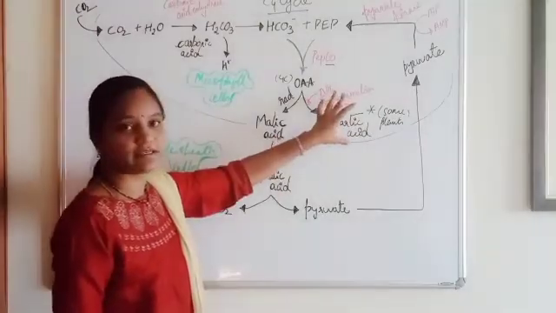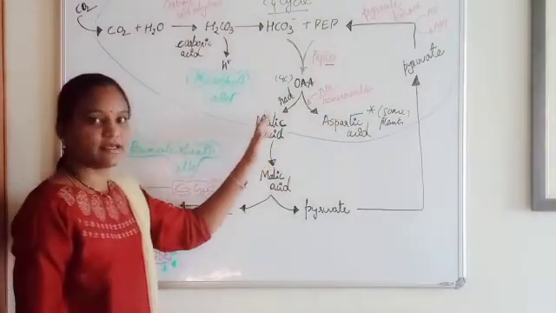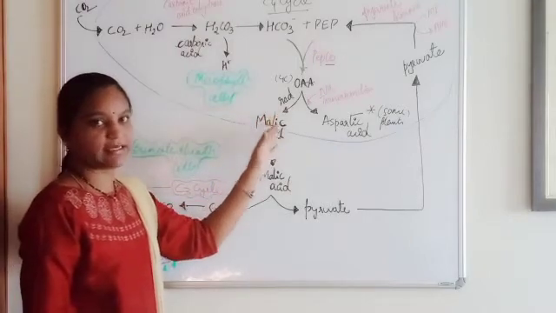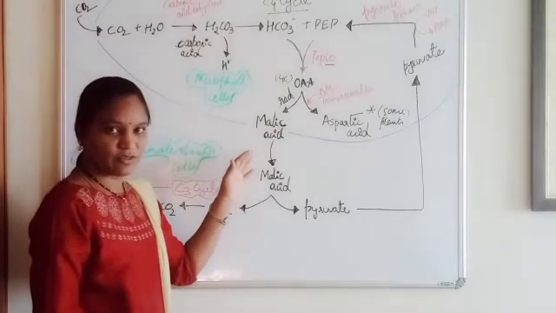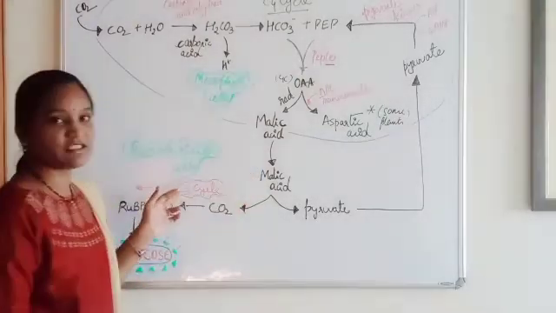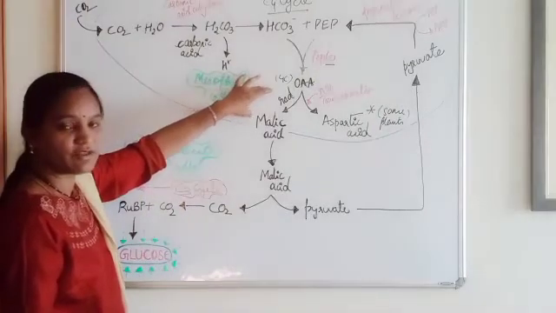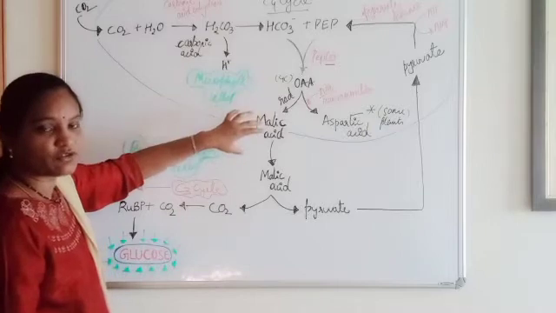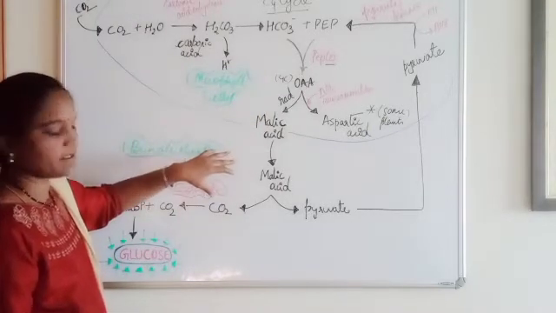This is a totally exceptional case. Generally, the malic acid formed by the reduction of OAA, oxaloacetic acid, will come out of your mesophyll cells and easily diffuse into your bundle sheath cells.